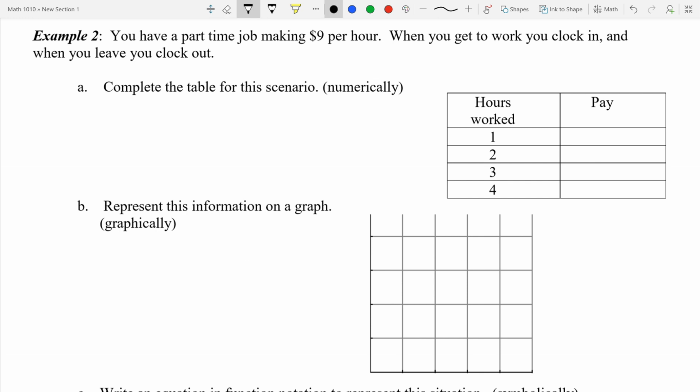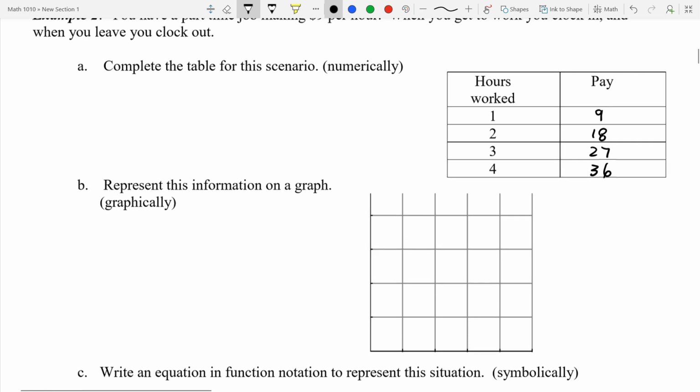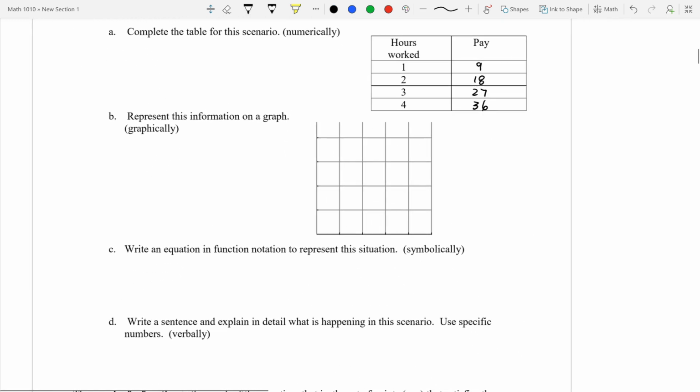Complete a table, okay? 1 hour, how much do you make? Everybody talk to me. $9. 2 is, tell me, 18, 3 is 27, 4 is 36. Now let's graph it. Everybody in the room tell me what goes on the x-axis. Hours. So let's label that. It's kind of squishy and I'm sorry about that. Over on the side is pay.